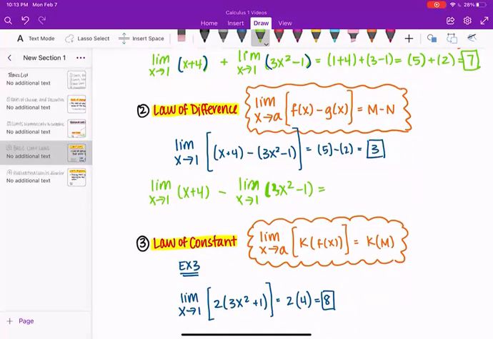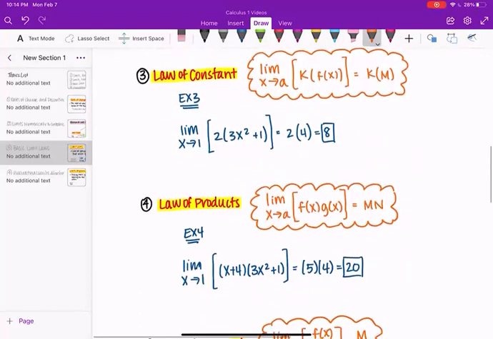We're not going to worry about whether they're continuous again because I used the same ones from before. So it'll be 5 minus 2, because this limit equals 5 and this one equals 2, and that results in 3. Again, these match, which is just a basic proof that that's true.